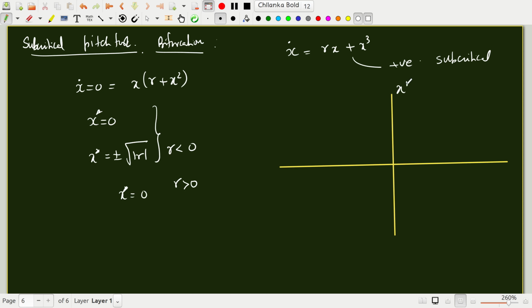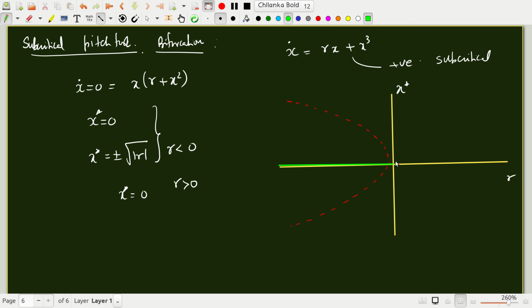Okay, so if I plot the bifurcation diagram, x star as a function of r, what I will find is that there are these two solutions, plus or minus square root of mod r. These are unstable solutions, they are linearly unstable. Okay, so what you will see is that there is a stable solution, which is x star is 0, which becomes unstable.